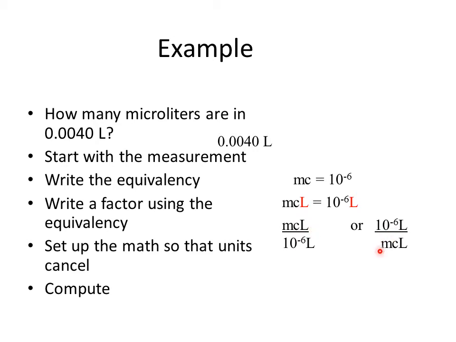If I look at this one, there's going to be no unit cancellation going on. In fact, the result of this math will be liter times liter over microliter. You're going to get a crazy outcome. It's going to be meaningless. You want something that makes sense, that says just microliter, right? So let's pick the fraction that will give us that math.